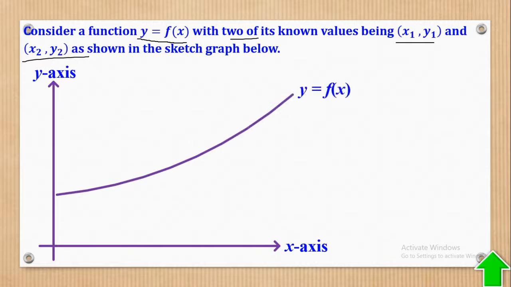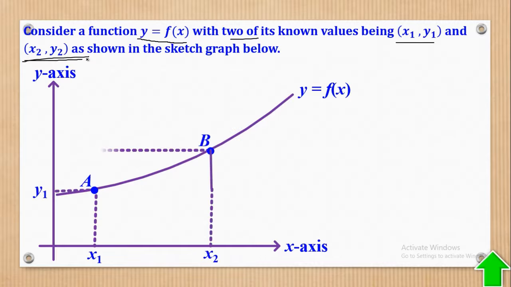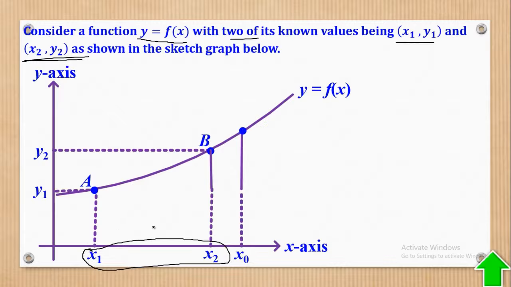Then we have two coordinates: x1, y1, which is that, and also x2, y2, which is that. So we are interested in getting a value x0, but realize that it is outside this given range. That is why we call it extrapolation.